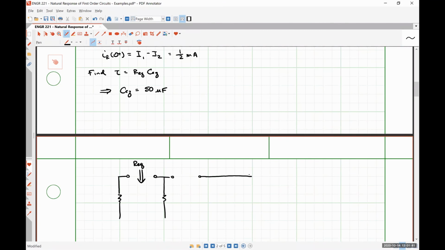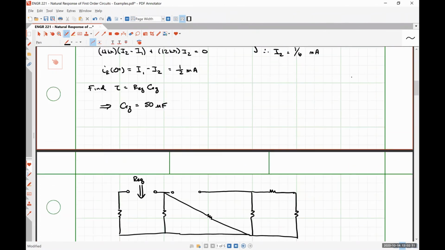Because we're finding the Thevenin equivalent resistance, we need to turn off all of our independent sources, which is why I've replaced that 12-volt source with a short circuit. And then I have resistor, resistor, resistor. So let's see, 4, 8.